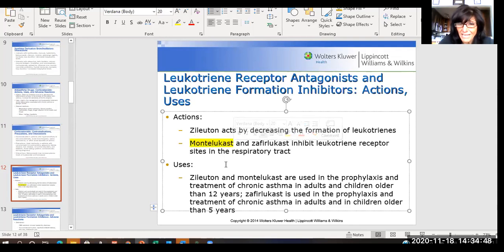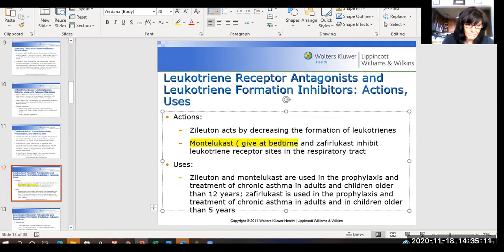These drugs, montelukast is used to prevent asthma attacks in people with chronic asthma, and it treats chronic asthma in kids and adults. So it's a very commonly used drug, okay? Very commonly used drug. And I'm just going to put here, montelukast, give at bedtime, okay? It's important to know.